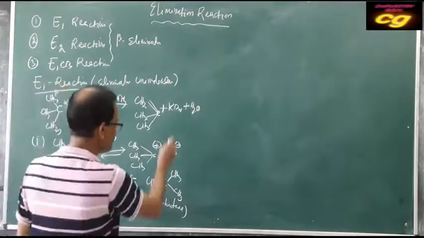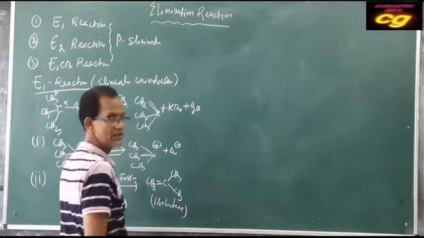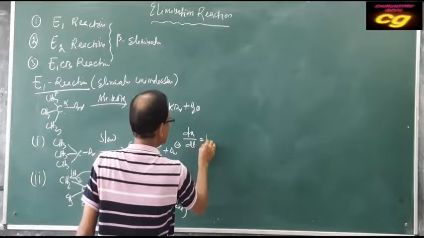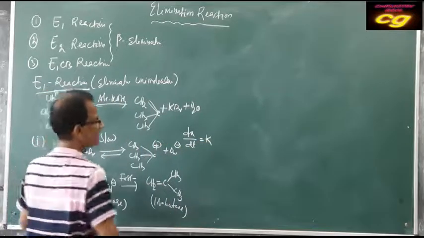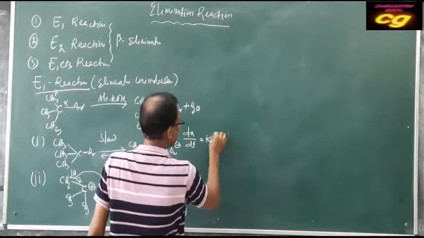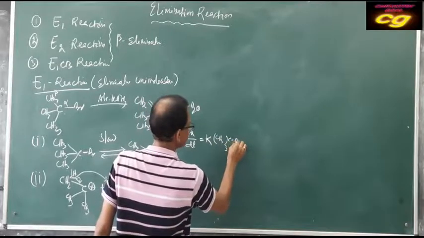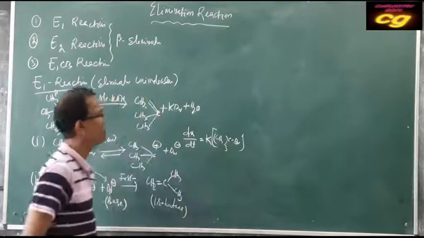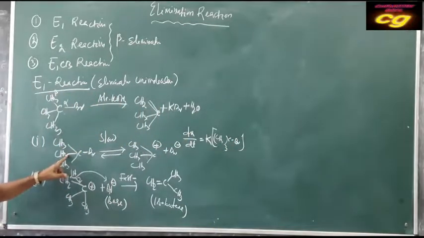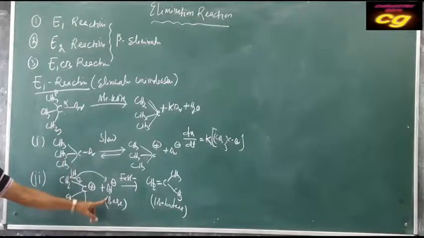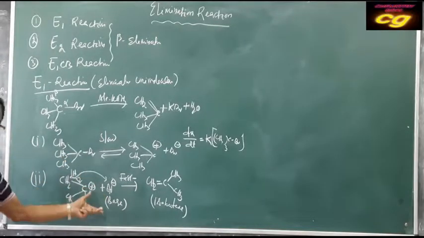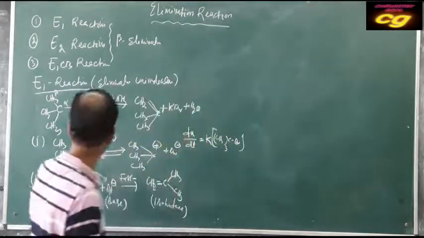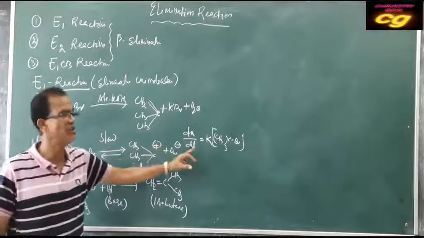As for the kinetics, the rate dx/dt equals k times the concentration of the substrate, (CH3)3CBr. It depends upon the concentration of the substrate, not upon the concentration of the base. The concentration of base may be less or more, but there is no effect on the kinetics of the reaction.